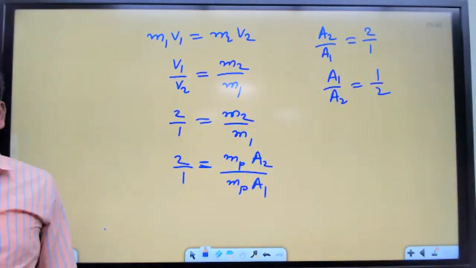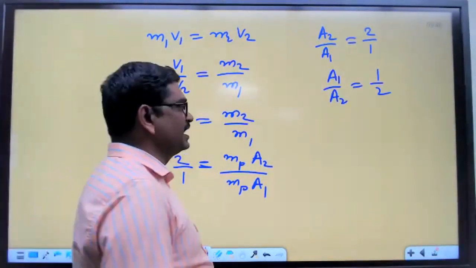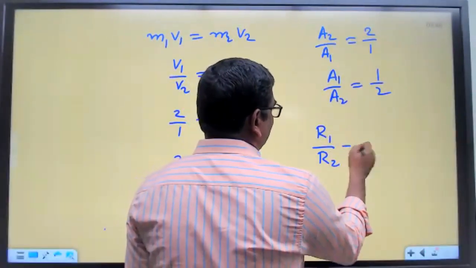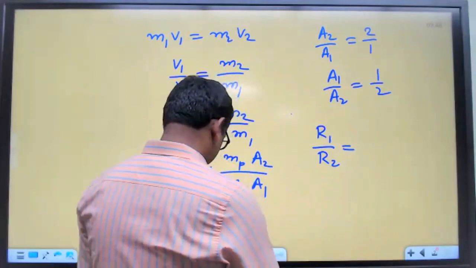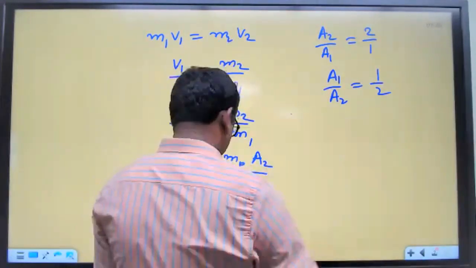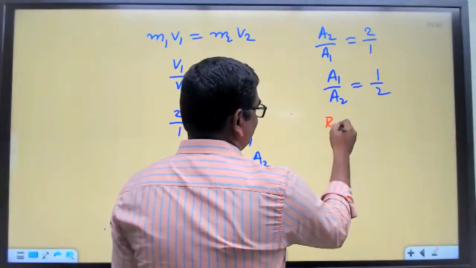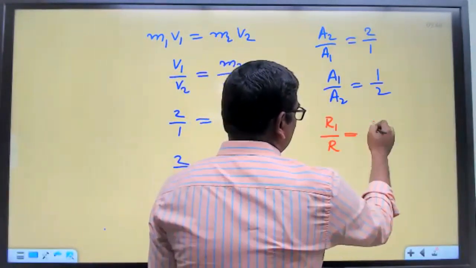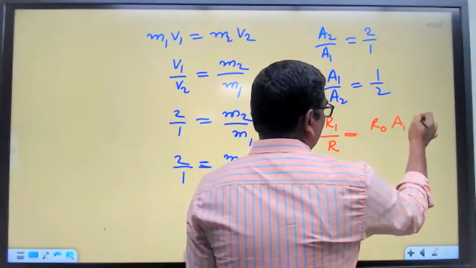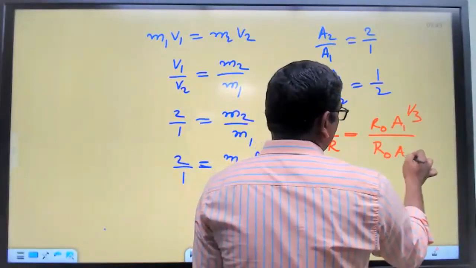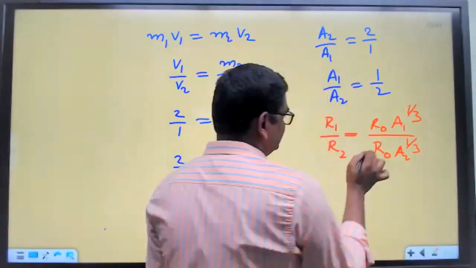Now what is the basic formula for the ratio of radii? R1 by R2 equals R0 into A1 power 1/3 by R0 into A2 power 1/3.